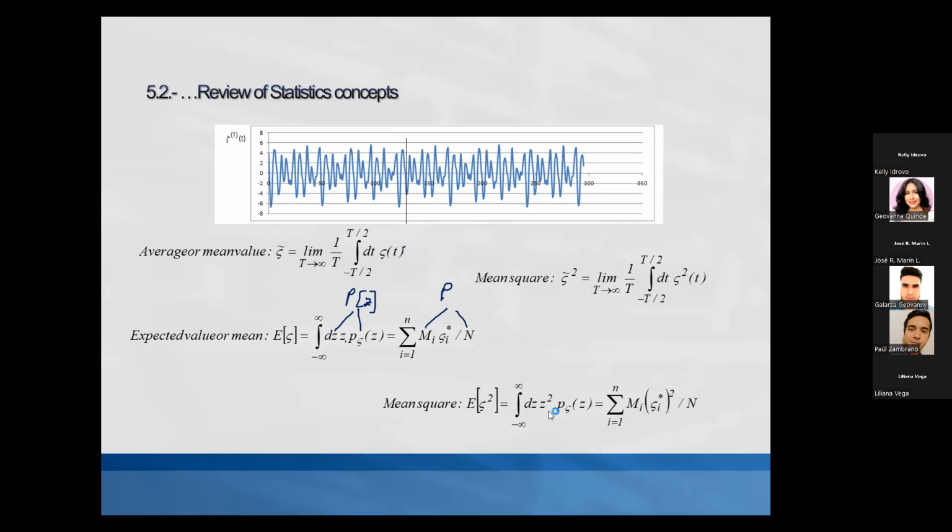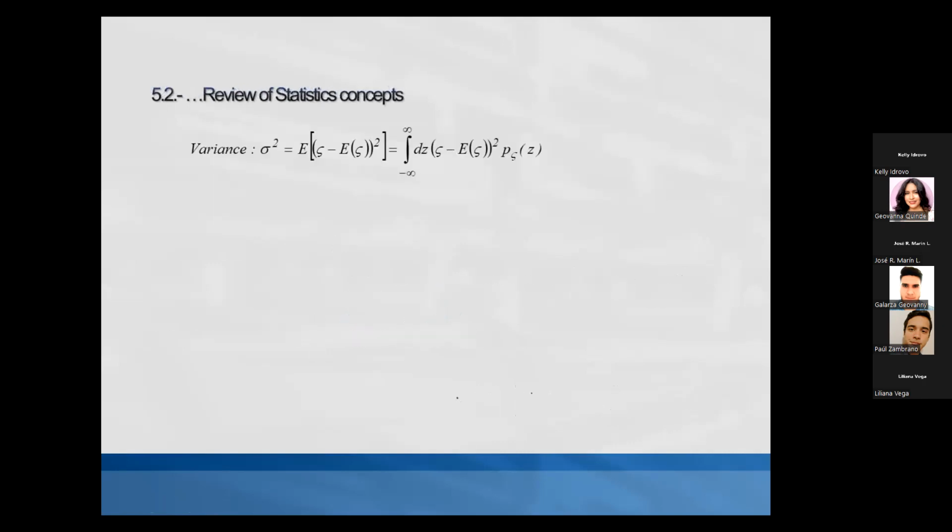We have another statistics concept, the variance. It's the expected value of the squared difference between the value of the variable and its expected value. So it's like how far away this zeta is from the mean value.